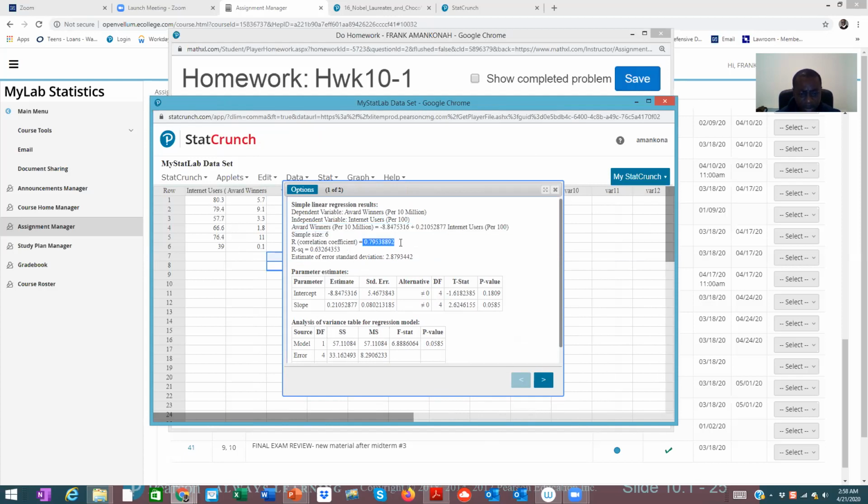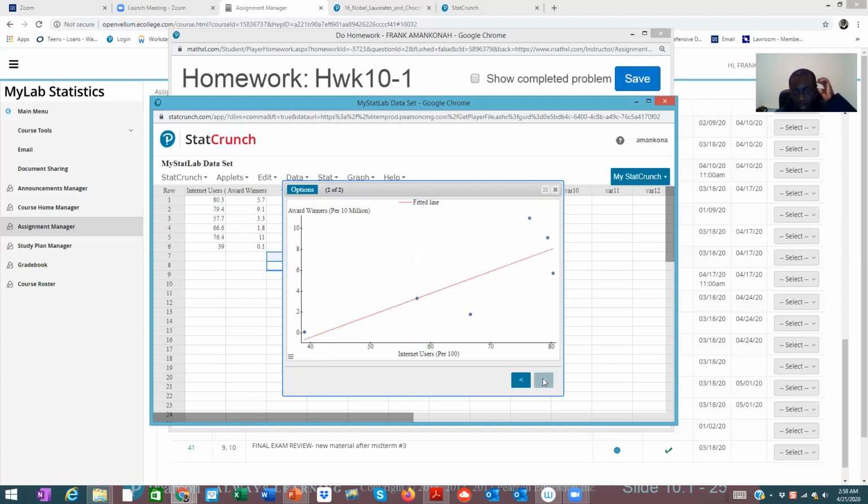We got 0.795. What is my test statistic? The T is given by this value right here, and my p-value is this one. If you look at the model, this is the same p-value. Forget about any other numbers there for now. And my scatter plot with the line of best fit is here.